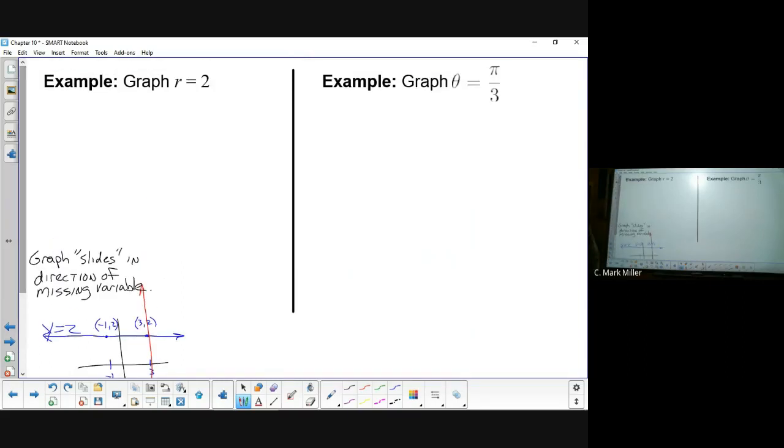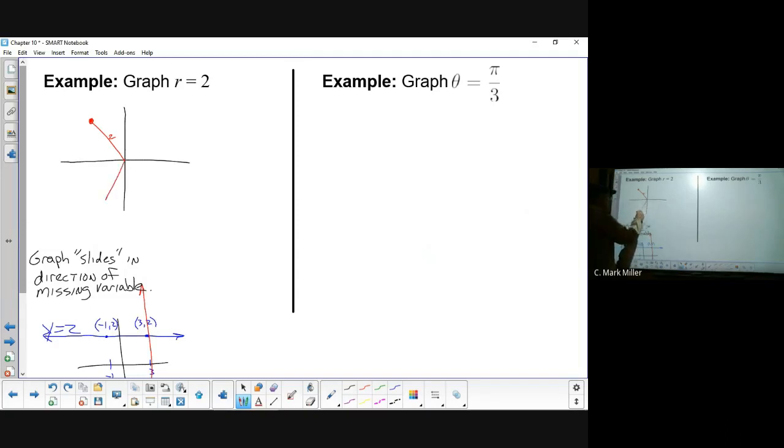R equals 2. What's missing? Theta. There ain't no theta. So we're going to do up here. Graph any point with radius equal to 2. Any point. Suppose we do that one. It's going to slide now in the direction of the missing variable. So any point that has a radius 2 is going to be on this graph.